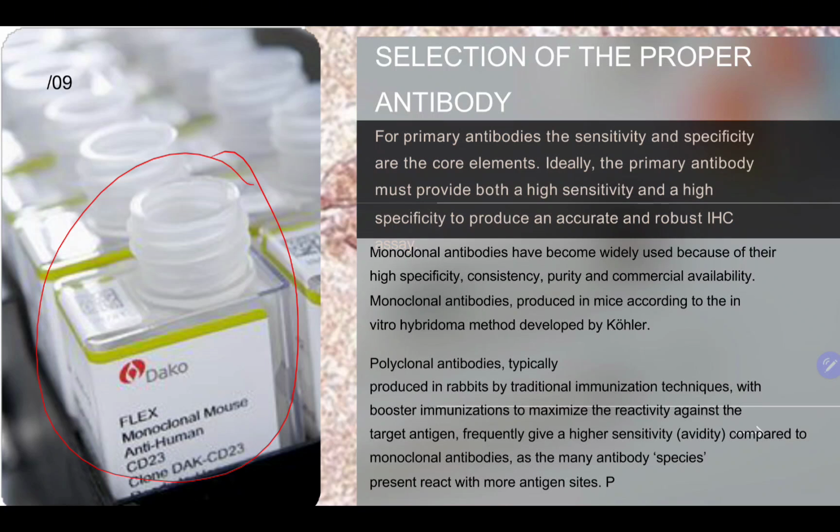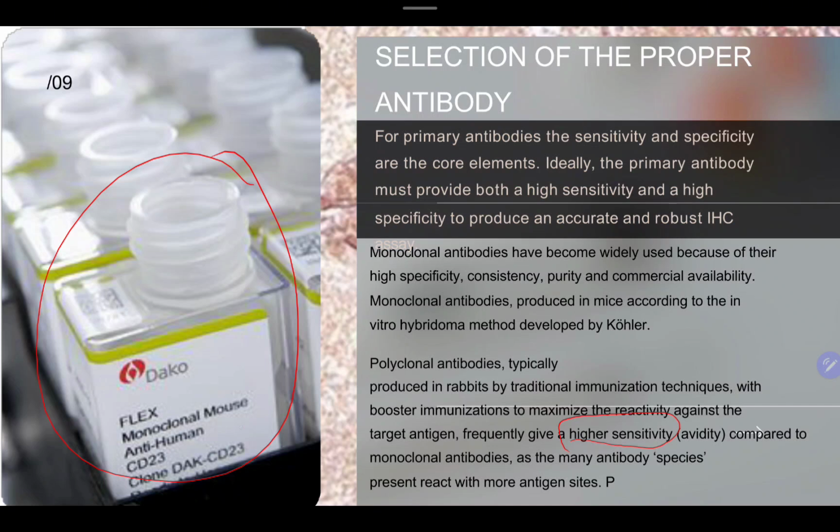So here po, hindi sila specific, pero high sensitivity naman sila. Kung polyclonal, you have to understand that it will react to multiple antigens, whereas sa monoclonal specific lang jud isa ra. Sa polyclonal, yes, it will react to multiple antigens, therefore it has higher sensitivity.